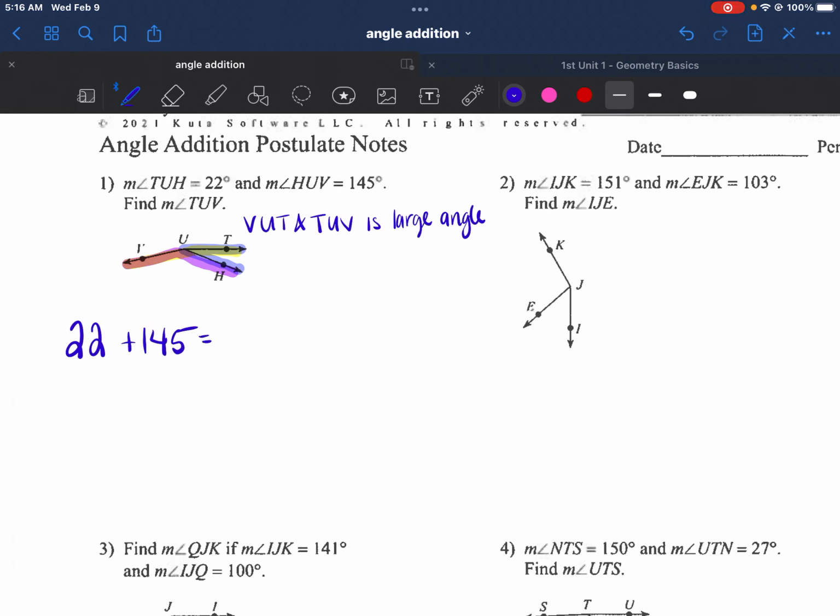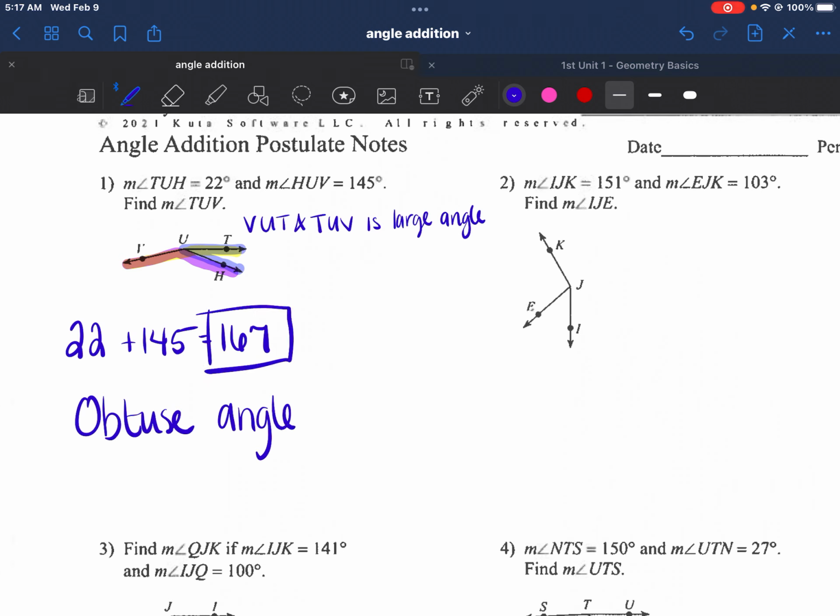To do that, you will just need to add 22 plus 145, which will give you 167. Now, we already know based off the look of it, it is an obtuse angle. And that's your answer. The measure of TUV is 167 degrees.